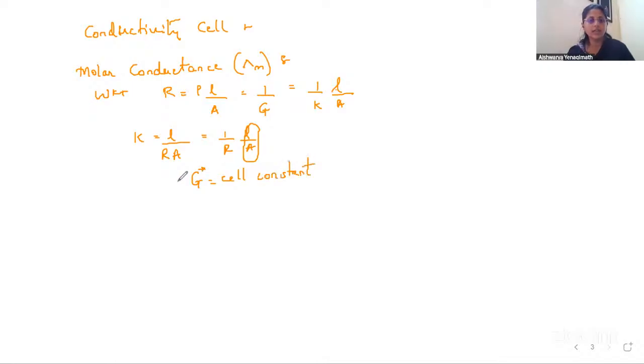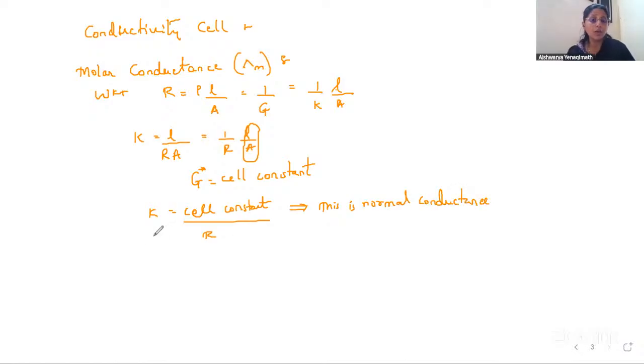So I can write kappa is equal to cell constant by R. This is my normal conductance.